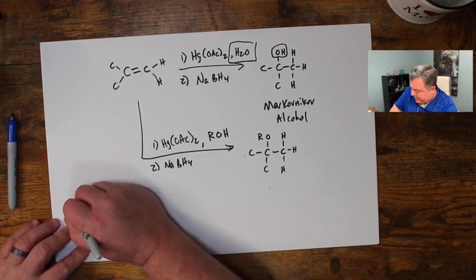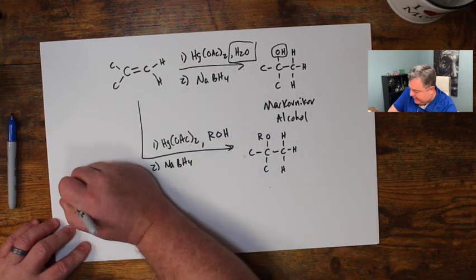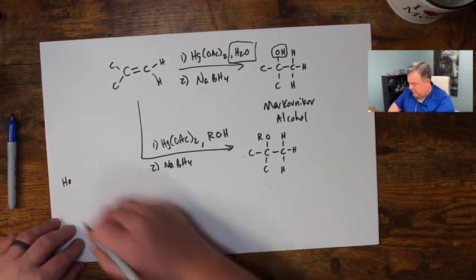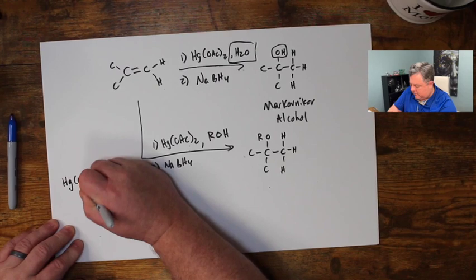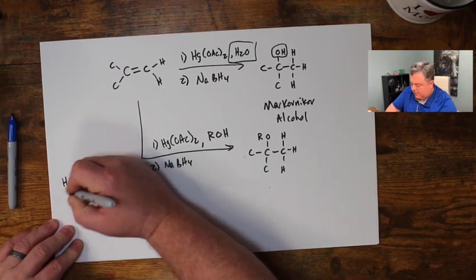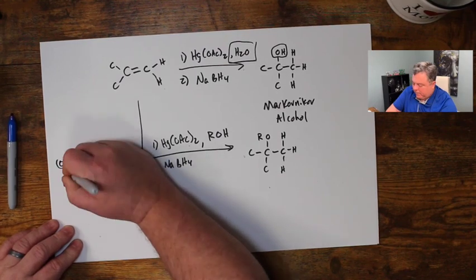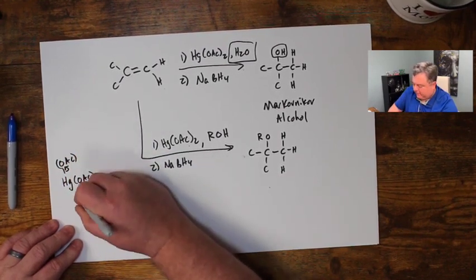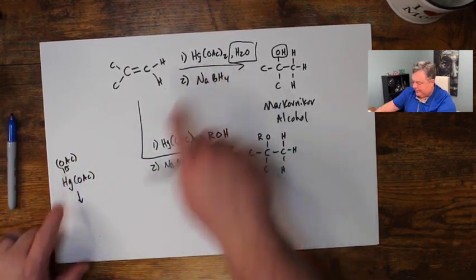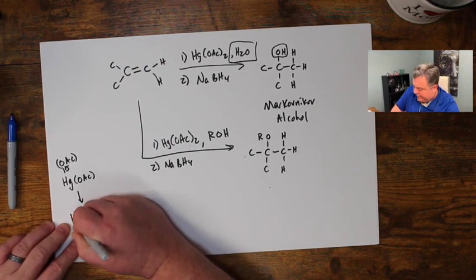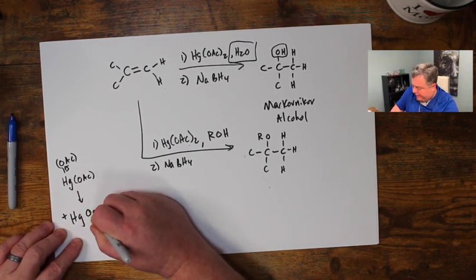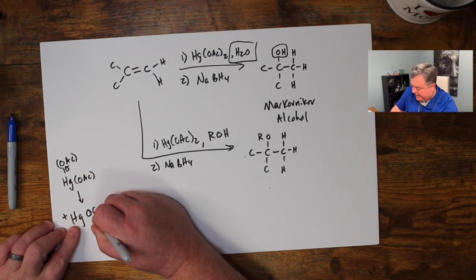So the first step is mercuric acetate, so there's two acetates on it. Let me write the other one on here. One of those acetates leaves. So right, there's two acetates. One of them leaves to make this positive mercury acetate thing.